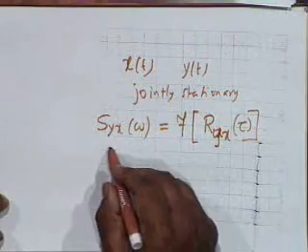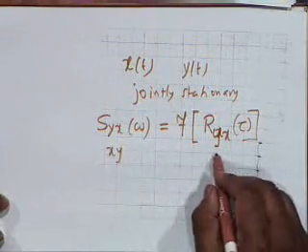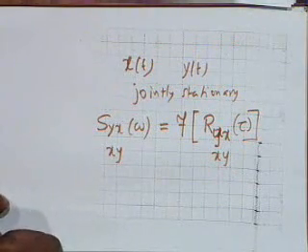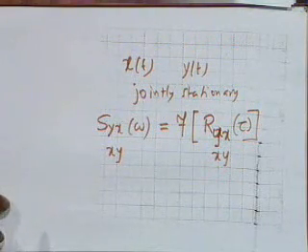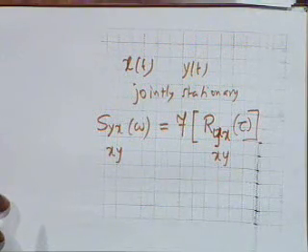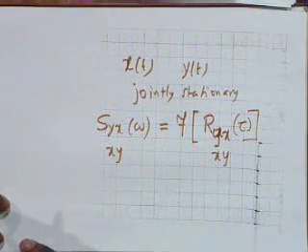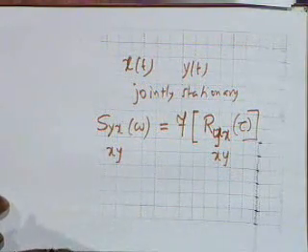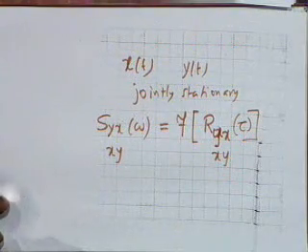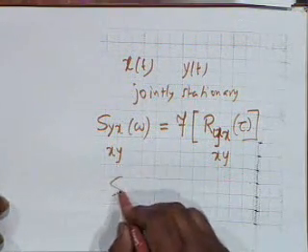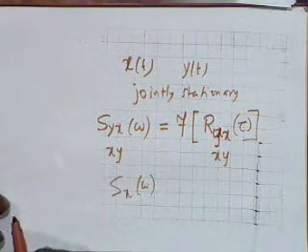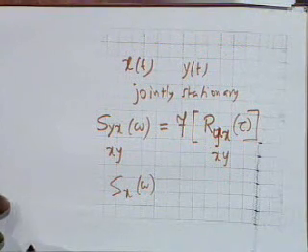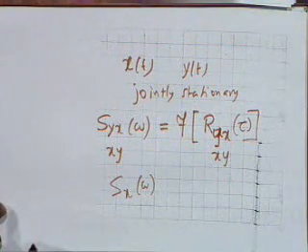Similarly, if yx is replaced by xy, then this shall also be replaced by xy. Now, this is a lot of concept, but don't get confused between the spectral density for a single random process and the cross spectral density for two random processes x and y. For a single random process, the spectral density has very elegant properties and can be handled very easily, but whenever you are talking of a cross spectral density, you must be very careful.